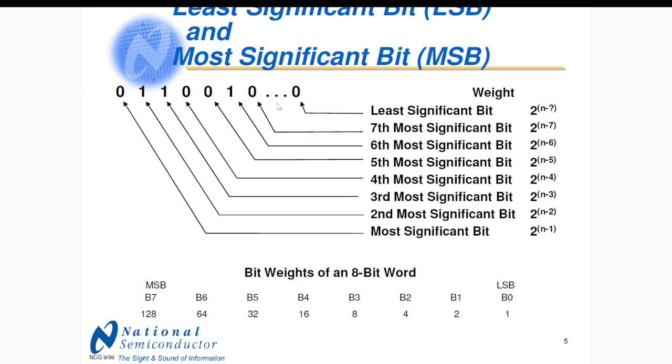For example, if we discard this dot, this will be 1 2 3 4 5 6 7 8, so it will become 1 byte. It will go 7 6 5 4 3 2 1 0, so 2 to the power 0 and so on till 2 to the power 7. That's just showing you the conversion and the respective information relating to binary values.